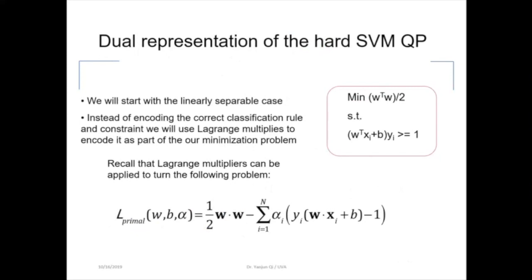All right, so let's use that primal or dual to rewrite the hard SVM. Okay, so this is what we have, objective function and constraints. And then I converted it into Lagrangian form. And this is our W. W and B are our primal variables, and alpha is our newly added Lagrangian multiplier.